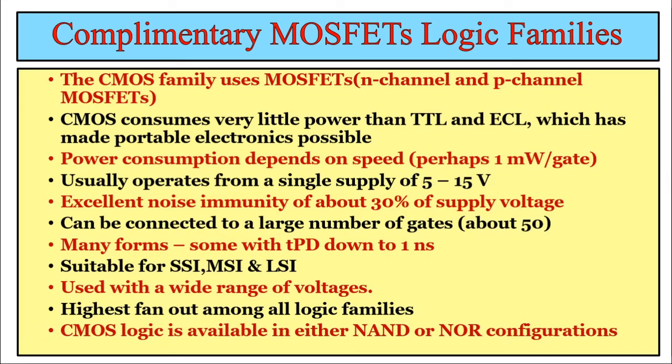It has excellent noise immunity of about 30% of the supply voltage. It can be connected to a large number of gates, about 50. It is suitable for SSI, MSI and also LSI integration technologies. It is used with a wide range of voltages, and has the highest fan out among all families.